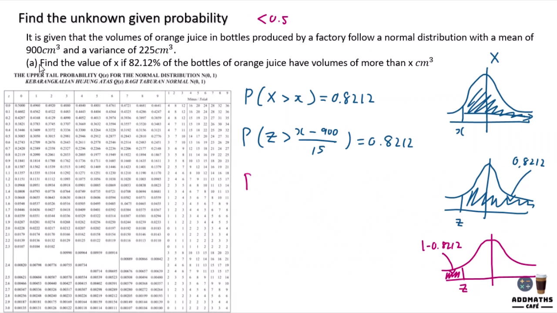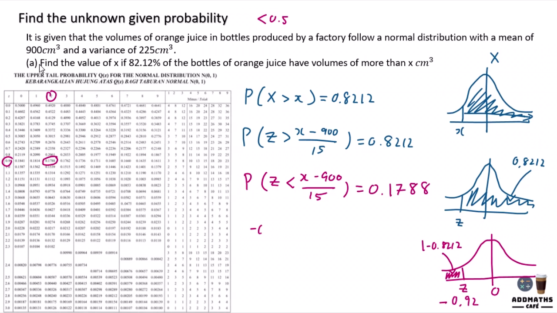So in this case, P(Z less than (X minus 900) over 15) equals 0.1788. By finding 0.1788 from the table, let me see where it is. Okay, I found it. It will be on this part. 0.1788 is 0.92. So I know that this Z value will be 0.92, but it is on the left side of 0, so it will be negative 0.92.